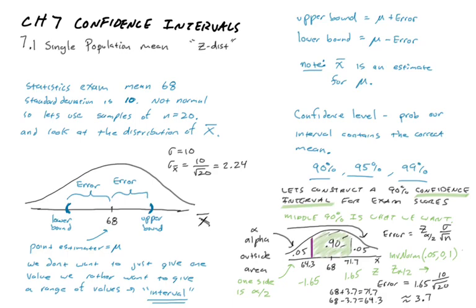So now if someone asks me, how did your class perform, what was the average? I would say the average is going to be between 64.3 and 71.7, and I'm 90% confident that the true average is contained somewhere within there. So I'm now giving an educated guess.